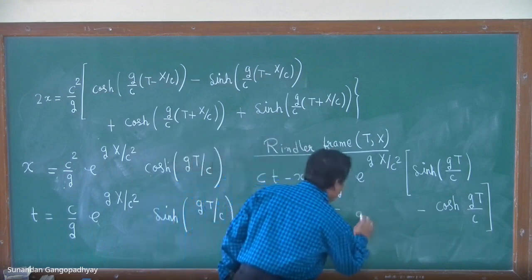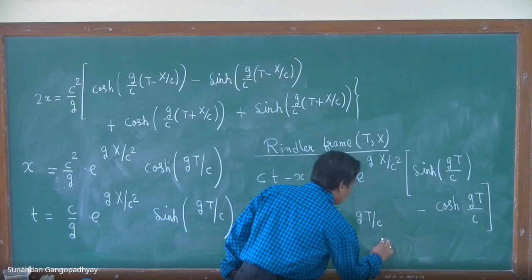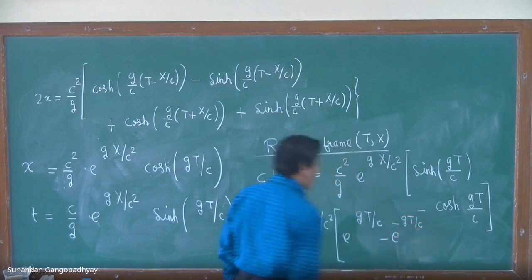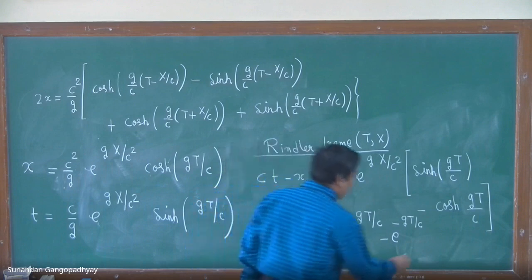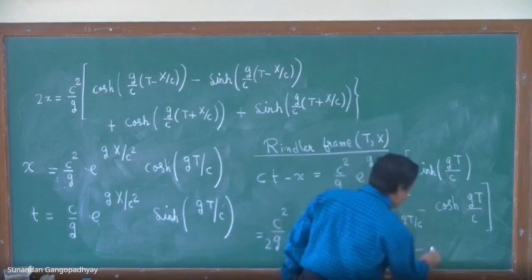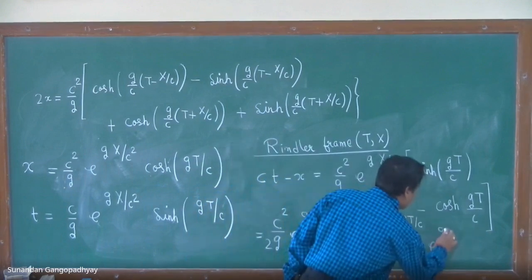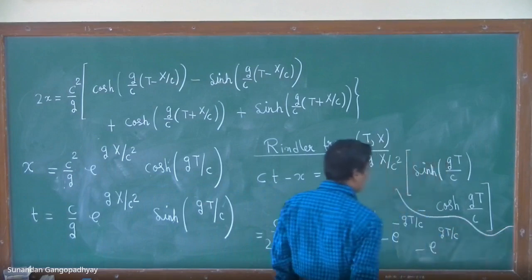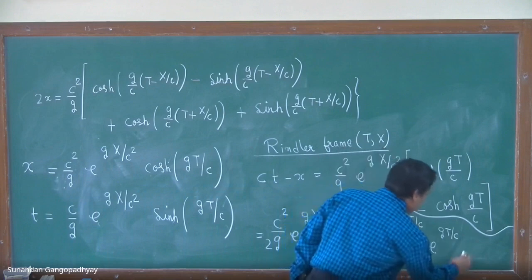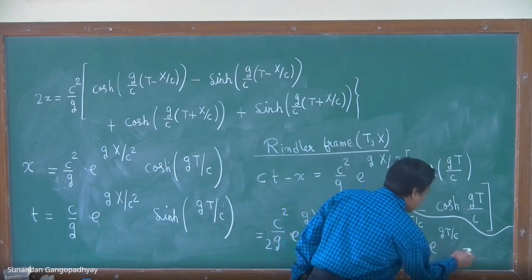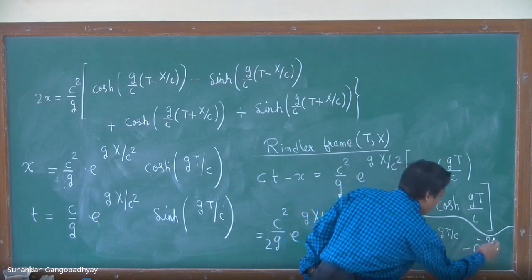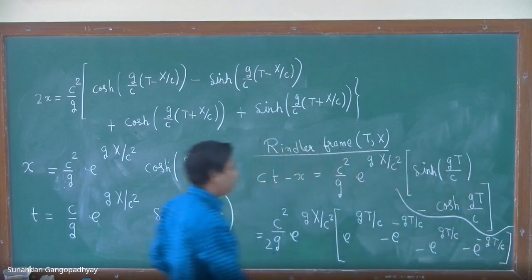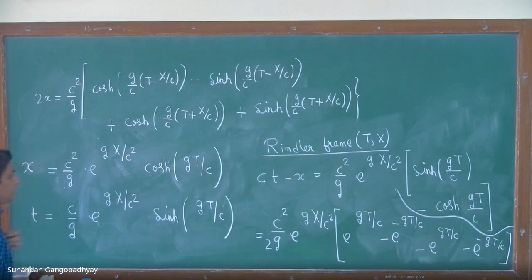E to the power of gx by c square minus e to the power of minus gt by c, then minus. This is what we get.